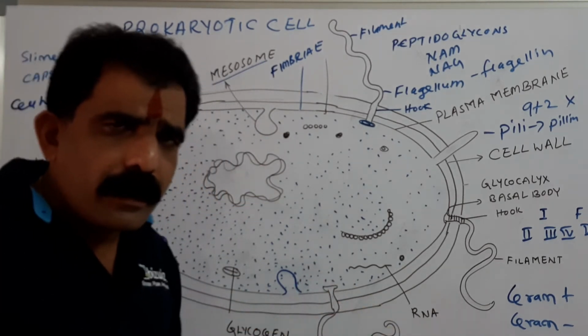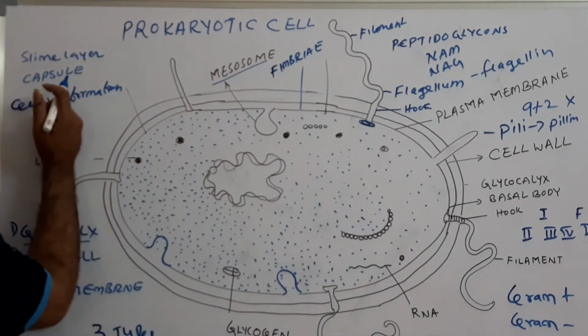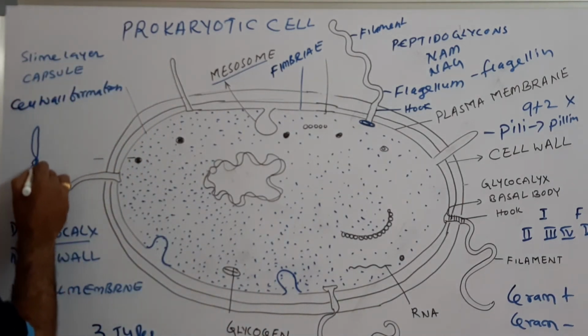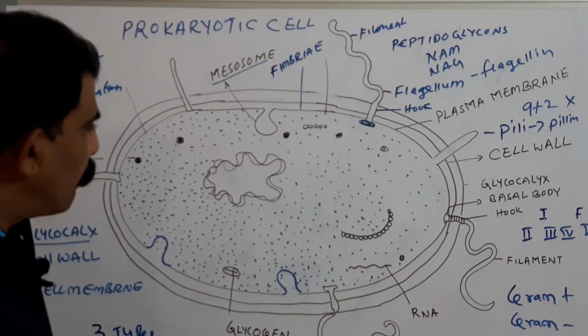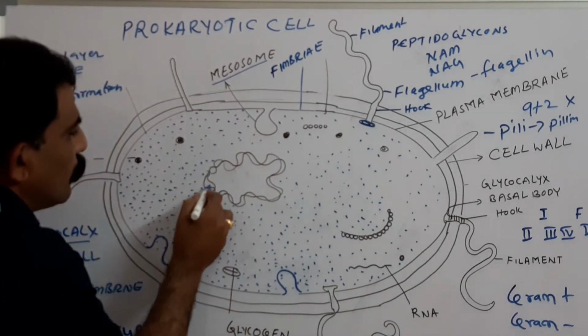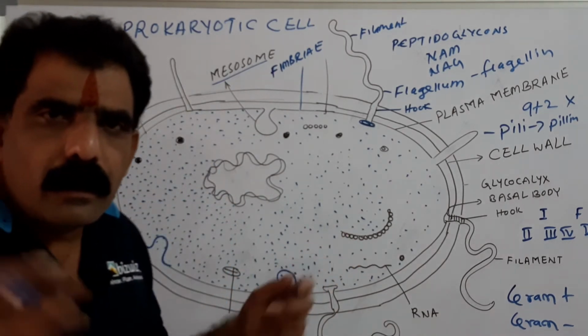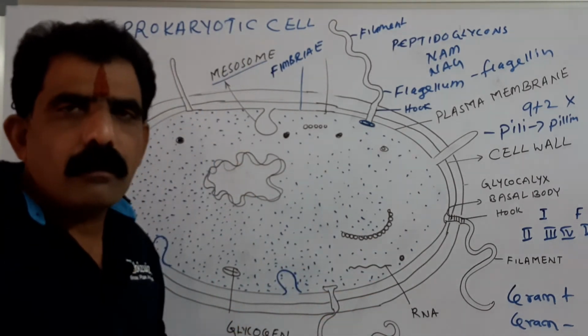Actually, eukaryotic DNA is linear. If we take our chromosome, it will be like this, linear genetic material. Whereas in prokaryotes it is circular. See, no polarity. Both the poles are attached.